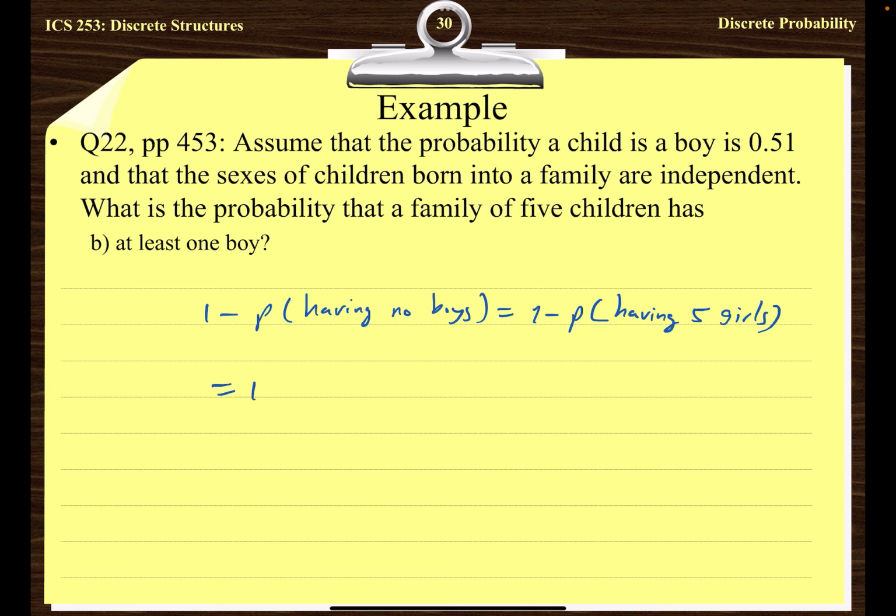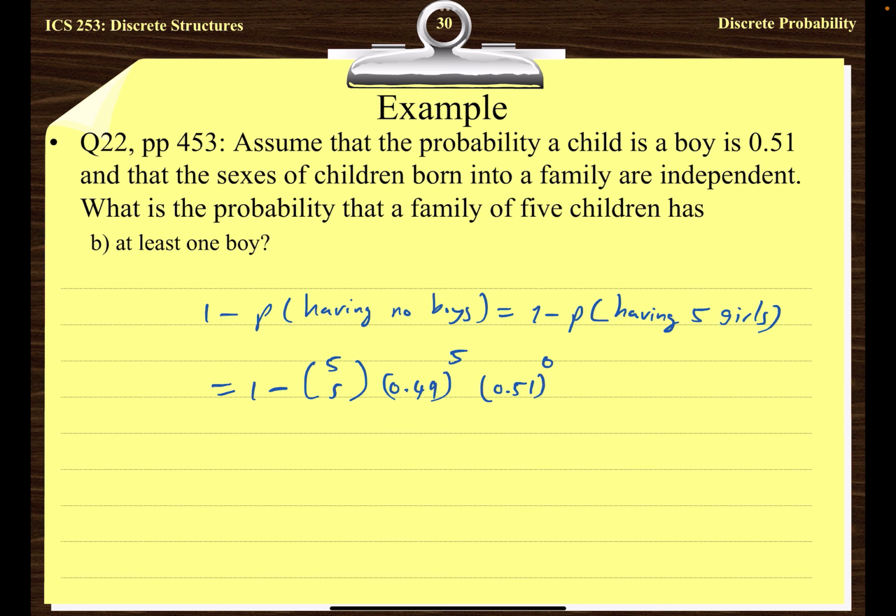Come on guys. What is the probability of having 5 girls? 5 choose 5. Yes. 0.49 to the power 5, right? And then 0.51 to the power 0.